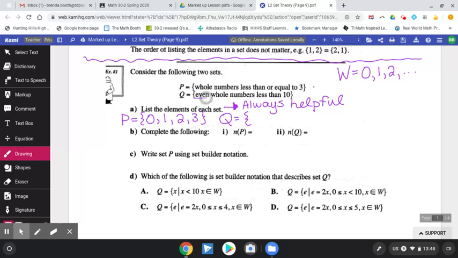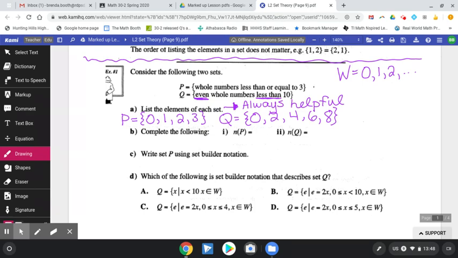So even whole numbers. Let's see, 0 is considered to be an even number. 2, 4, 6, 8. And we would not include 10 because it says less than 10. So those are the two sets that we're working with.